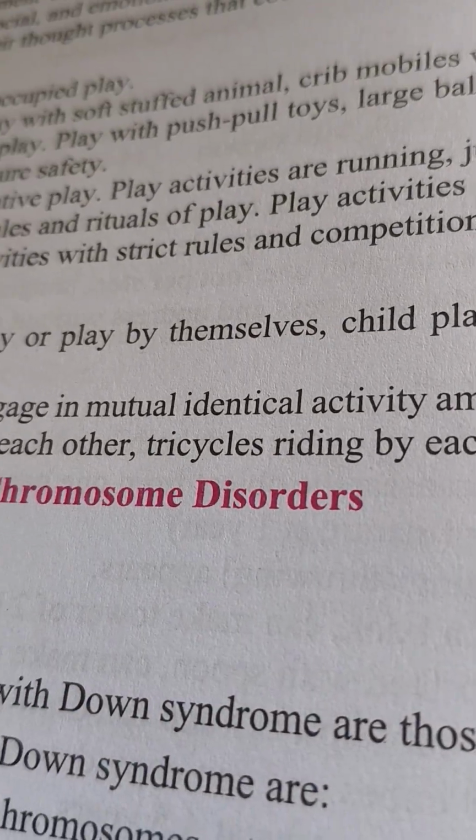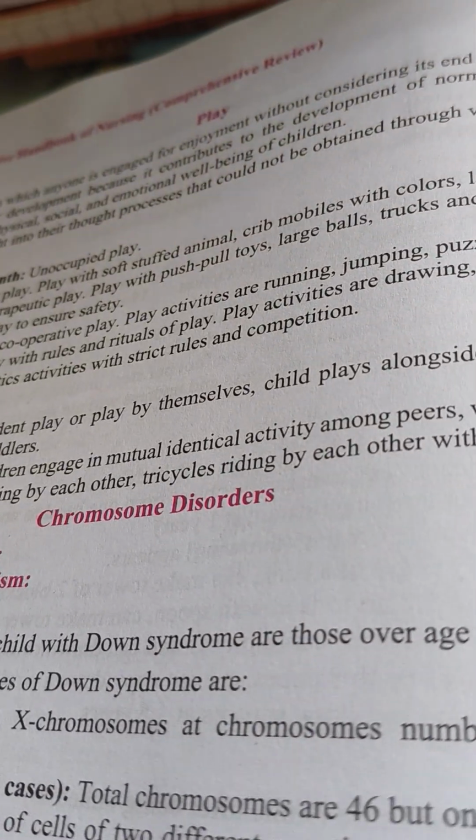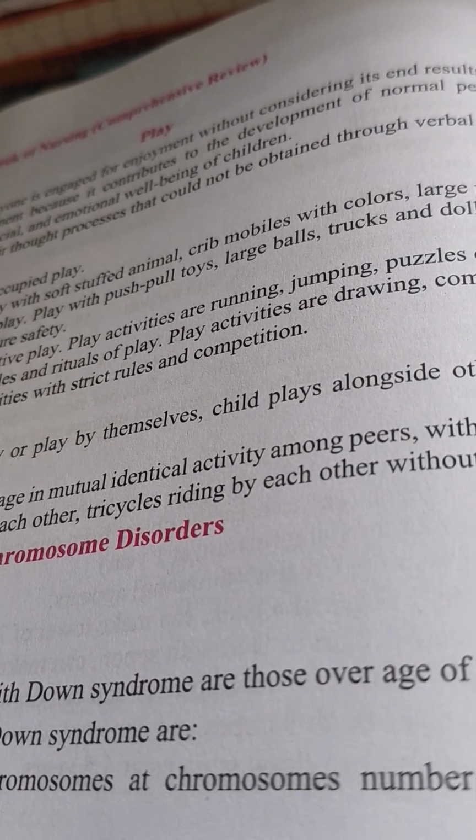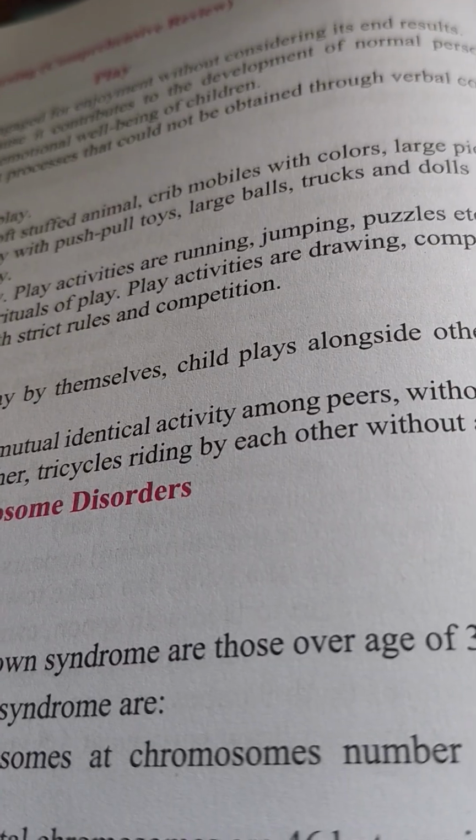There are supposed to be 2 chromosomes at number 21. How many pairs are there?